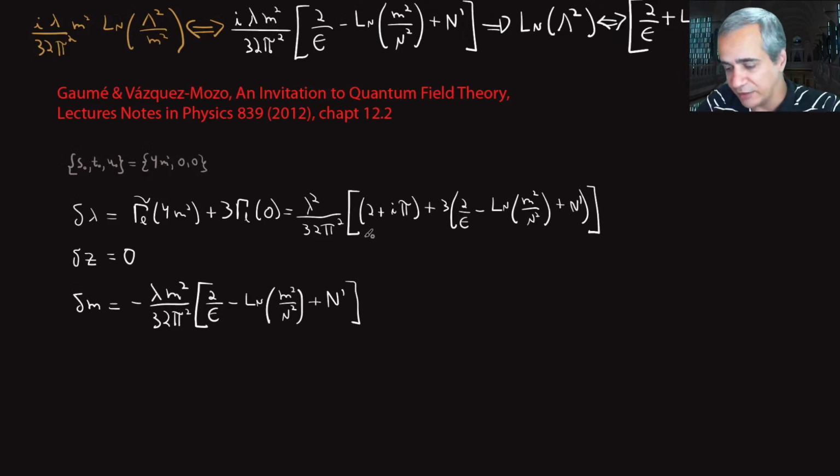Historically, what we learned in more than one case is that when regularizations disagree on physical observables, it is because one of them, or both, are breaking symmetries of your problem.